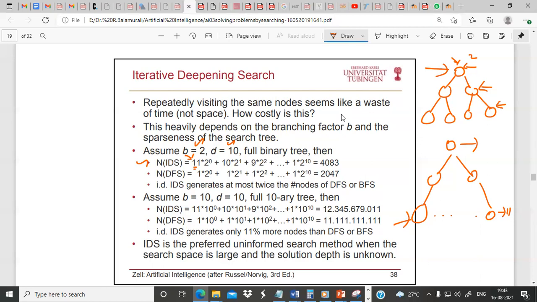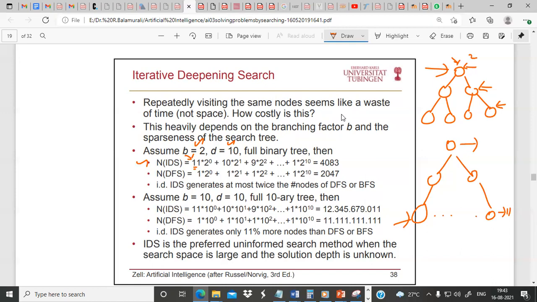Whereas the nodes in level 10 will be explored 2 times. They'll be accessed 2 times. So it is 10 into 2. And the nodes in level 9 will be accessed 4 times. So it is 9 into 2 square.